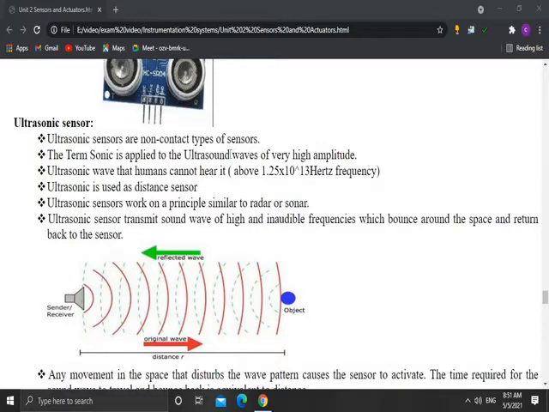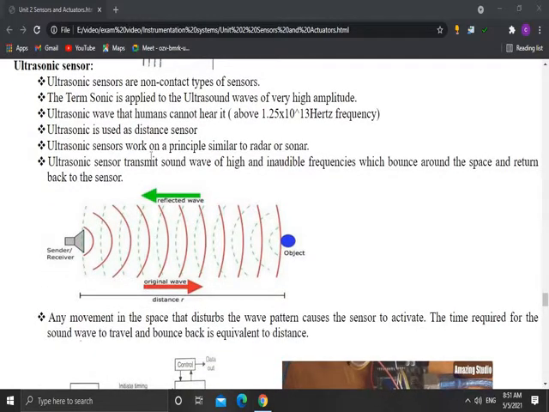So humans cannot hear such a high frequency. So the ultrasonic sensor emits ultrasound waves of very high frequency. Ultrasonic is used as a distance sensor. It measures the distance of an object from the sensor.